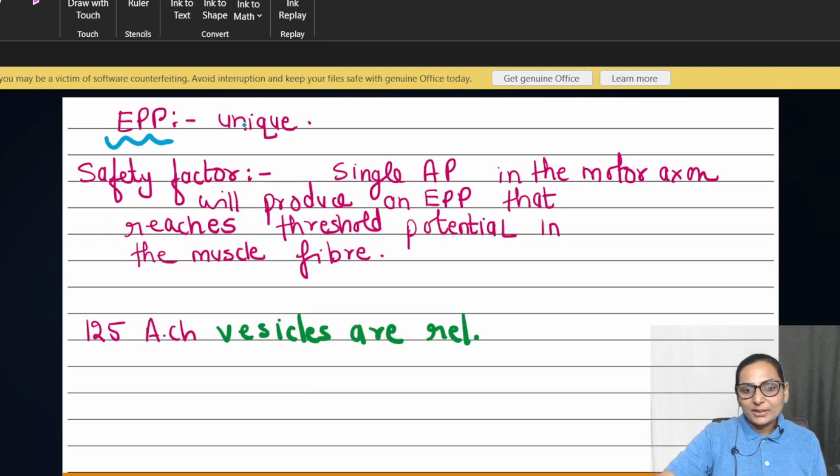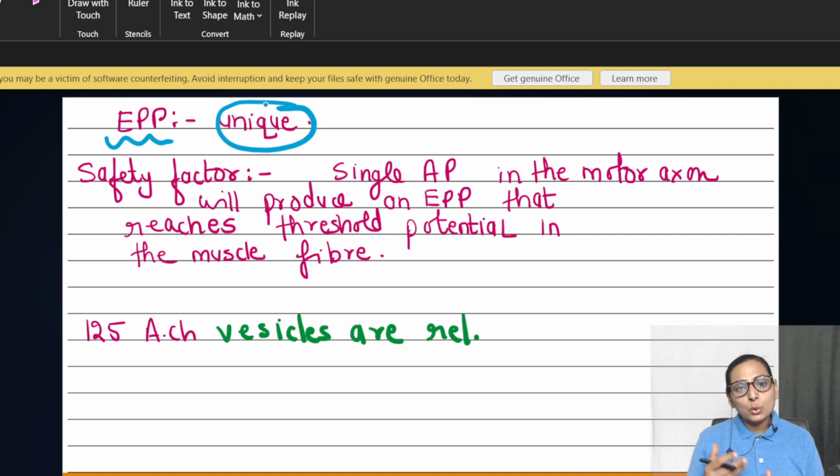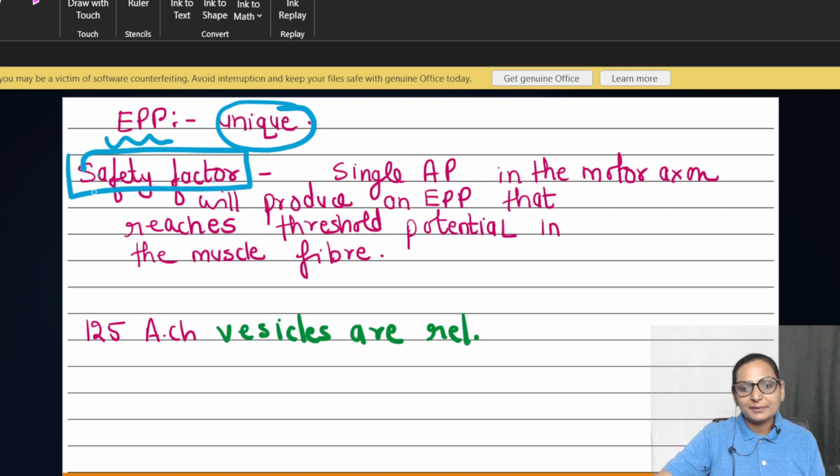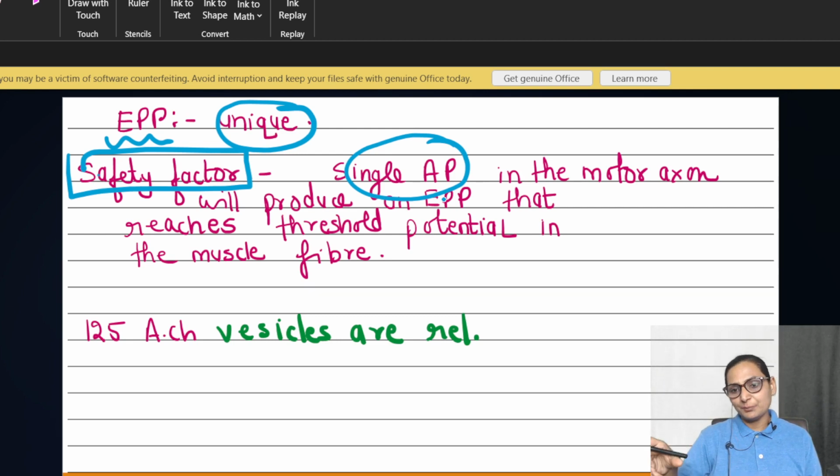This end plate potential is very unique. Normally, if you remember, action potential is self-propagatory, but local potentials are not self-propagatory. They can be hyperpolarizing or depolarizing, but the unique feature of the end plate potential is that it has a safety factor. What is that? A single action potential in the motor axon, that means one EPP produced by a threshold stimulus, can create a potential of about 70 millivolts.